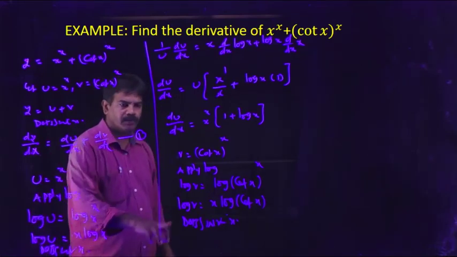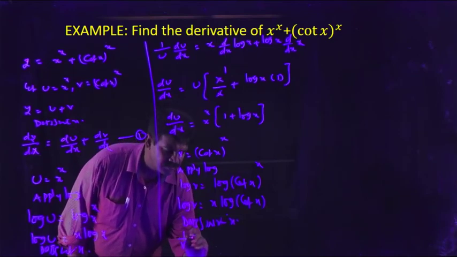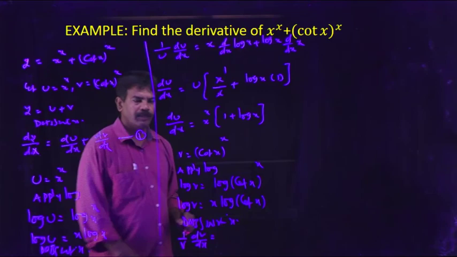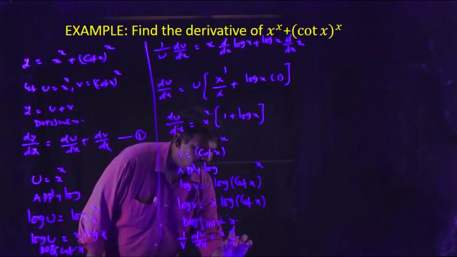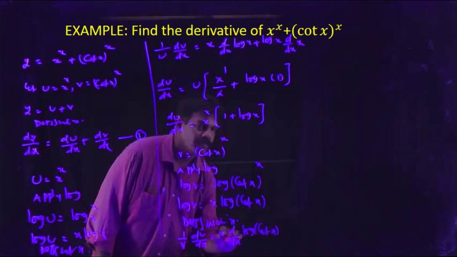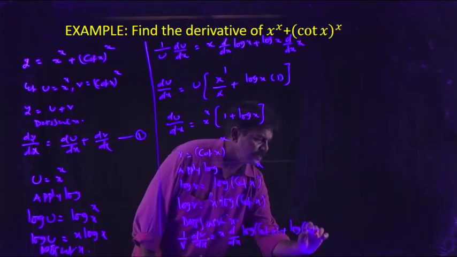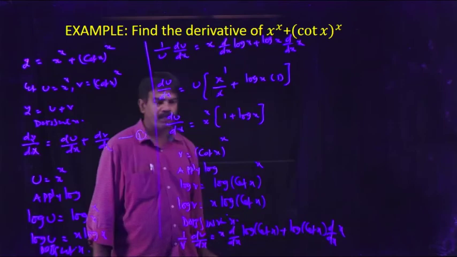So derivative of log v is 1 by v into dv by dx equal to, apply the uv formula, x into d by dx of log of cot x plus log of cot x into d by dx of x.